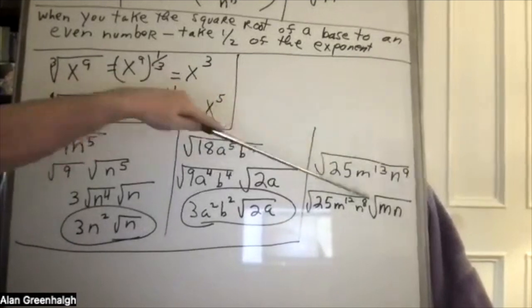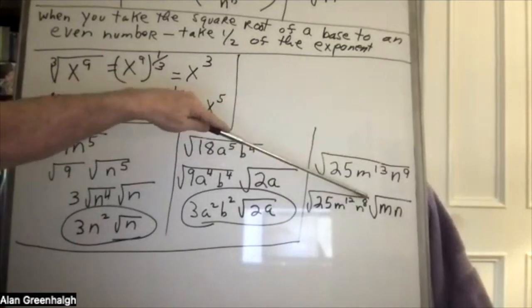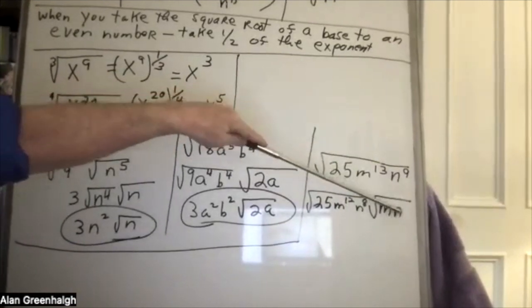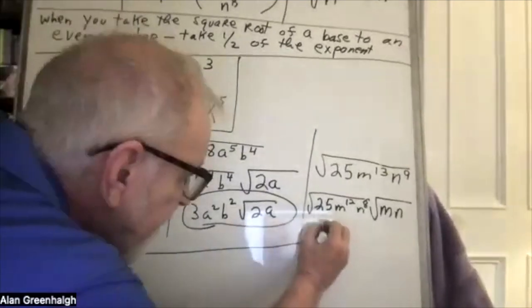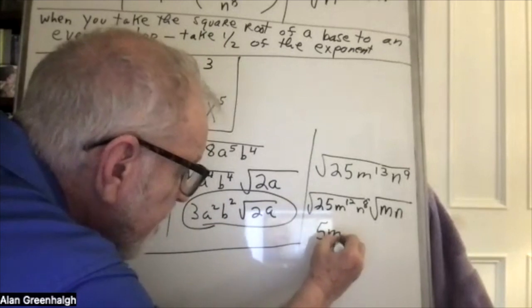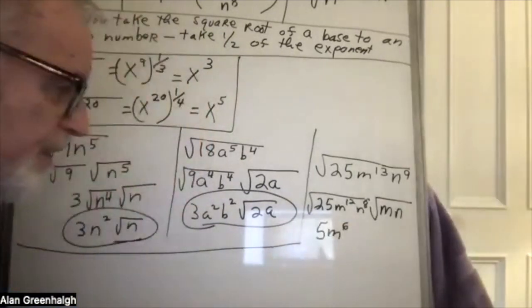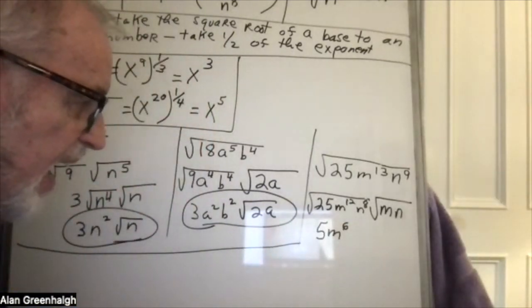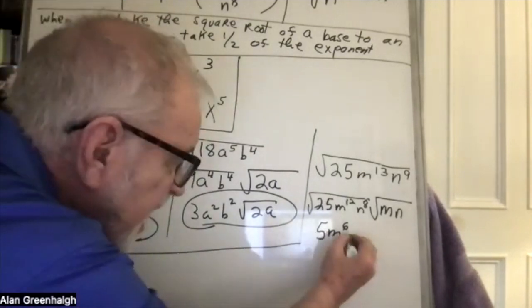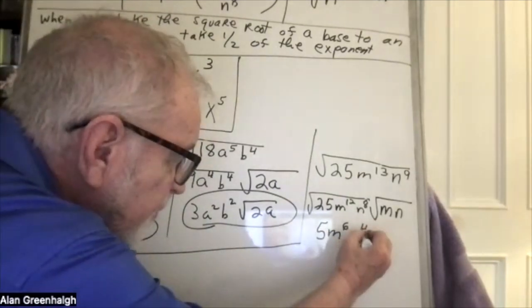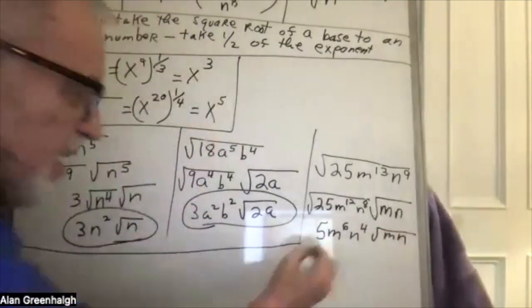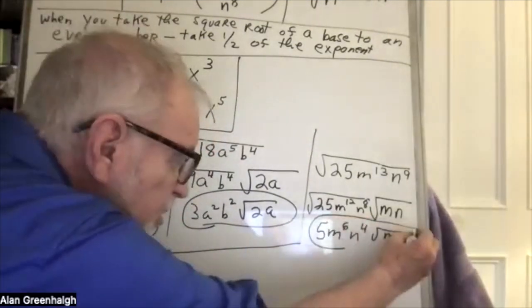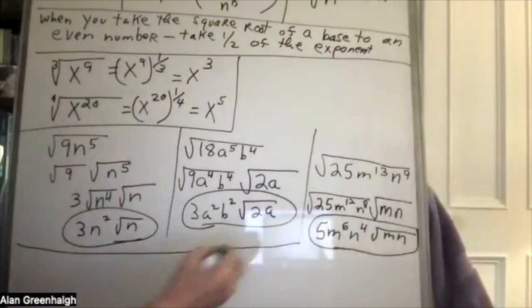N to the 9th, we took out n to the 8th and then put the n over there. And this became 5m to the, you take half of it. So it's half of 12 is 6, half of 8 is 4, and that you just leave in the radical, just like that.